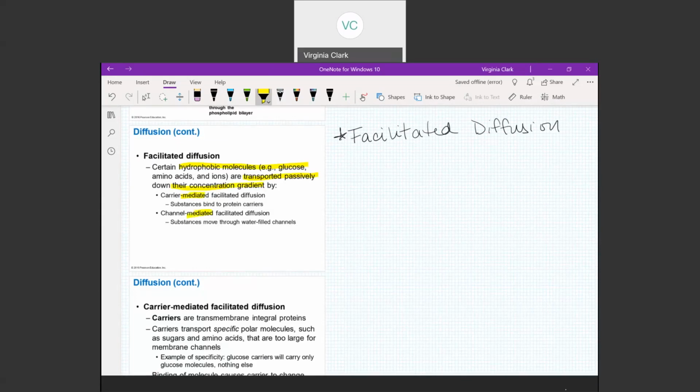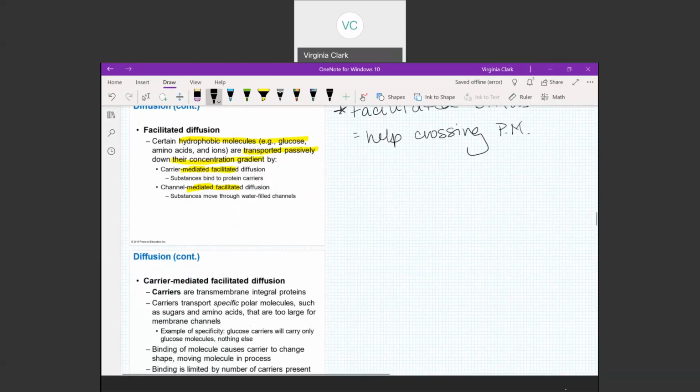Basically, there's going to be help crossing the plasma membrane. They still passively move from point A to point B, down their concentration gradient, but they just have a little bit of help. The first type is carrier. The second type is channel.